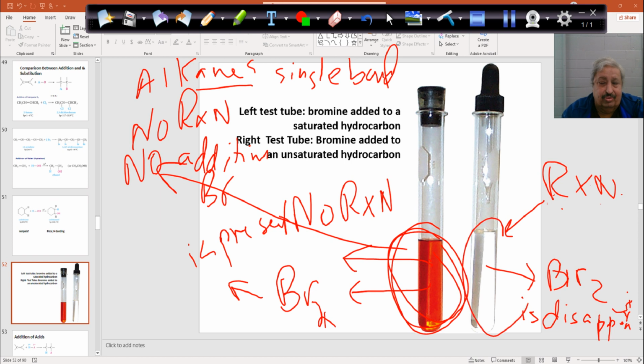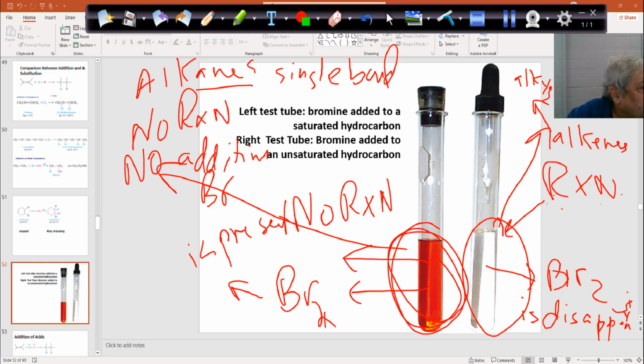The double bond, you will add to them. So this one can be alkenes or alkynes, double or triple bond. Why? Addition is allowed here. And therefore, that is the way we can distinguish in the lab between alkanes, alkynes, and alkenes by the bromine test.